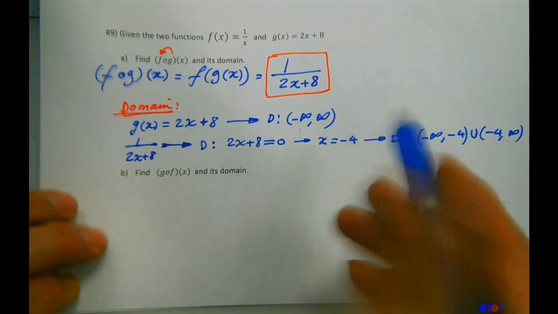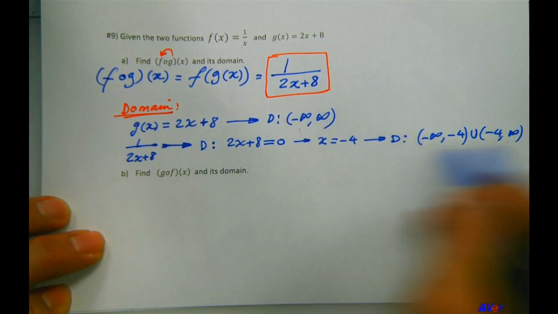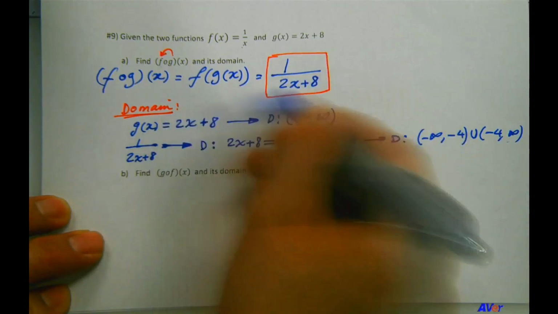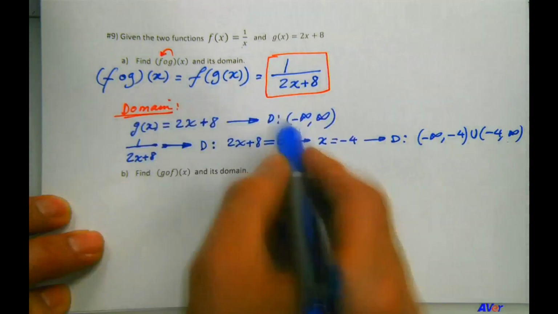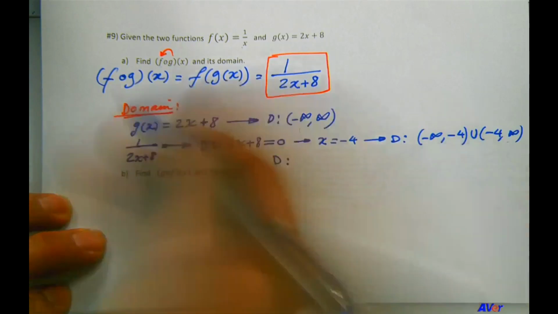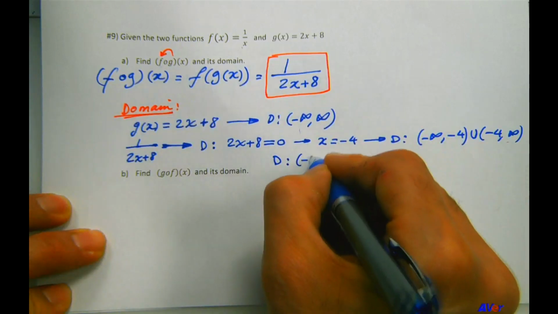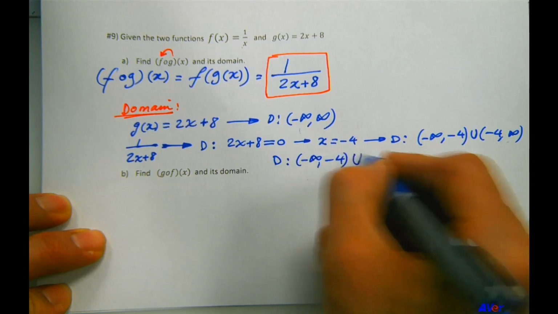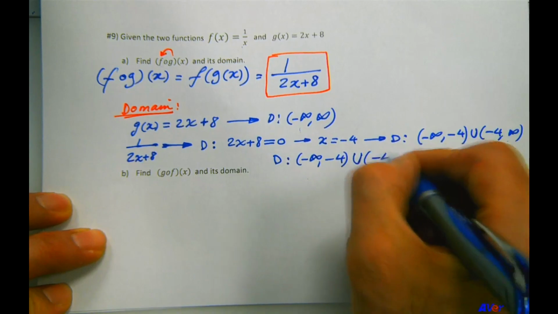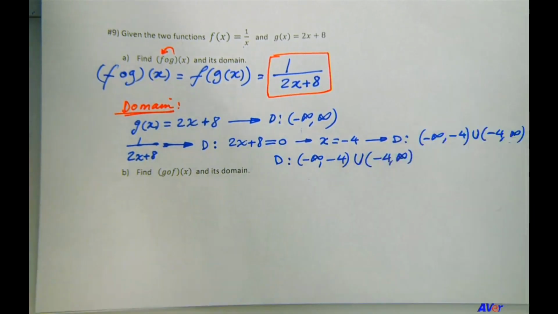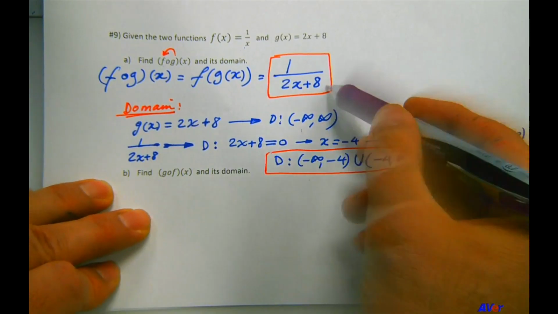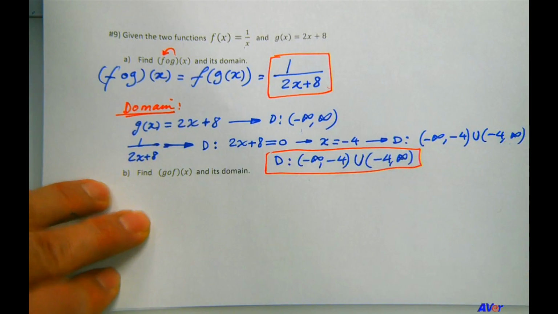But in this case, it just happens that when you take the intersection of the composite function with the function that was placed into the other function, you get this back. So it's okay. We keep that as the domain of the composite function. No problem with that. But we have to go through this verification process, because not always does it work out like this. So that's the composite function, and this is its domain.